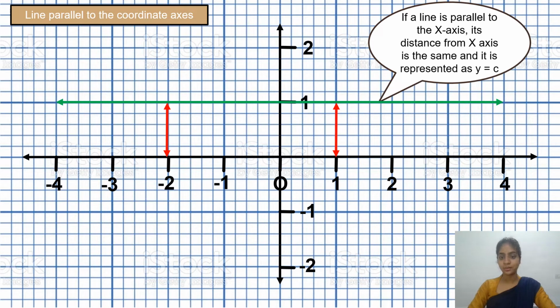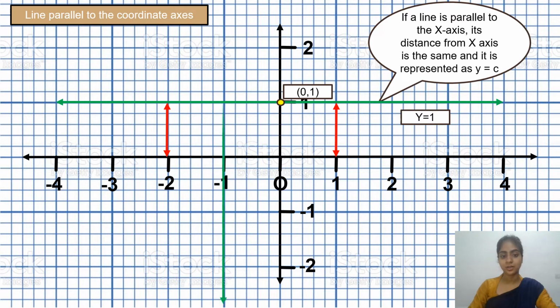For that we must know at what point this line crosses the y-axis. This point is marked as (0, 1) because the y-axis value is 1 and the x-axis value is 0. With this point, we get the equation for the line, which is y = 1.